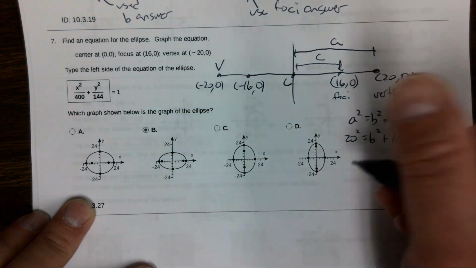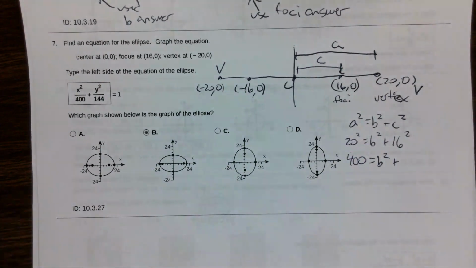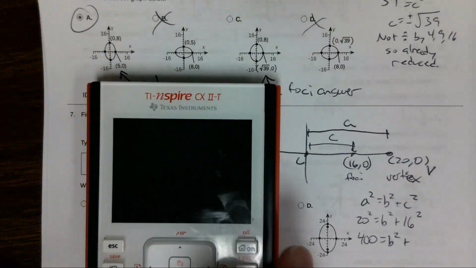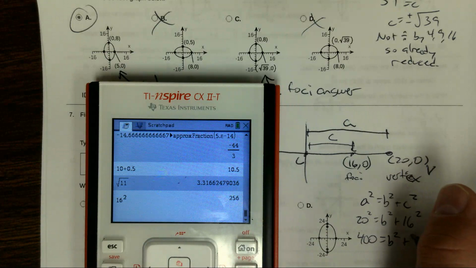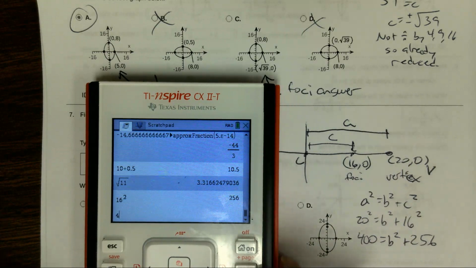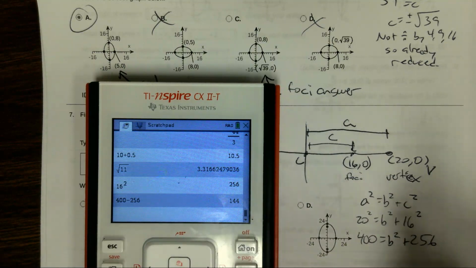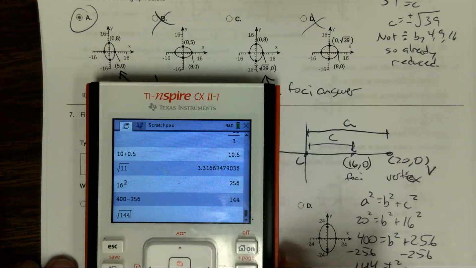So this one would be 400, and this one 16 squared. So 16 squared is 256. Then 400 minus 256 is 144. And so b is the square root of 144, which is 12.